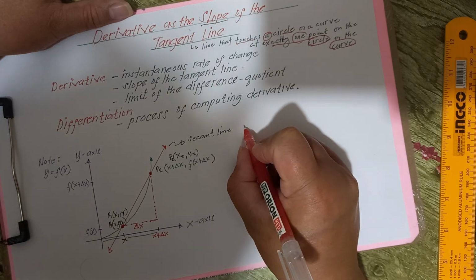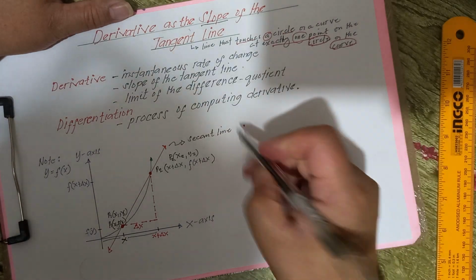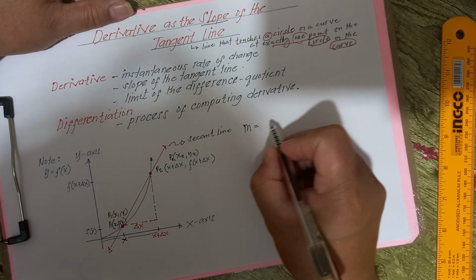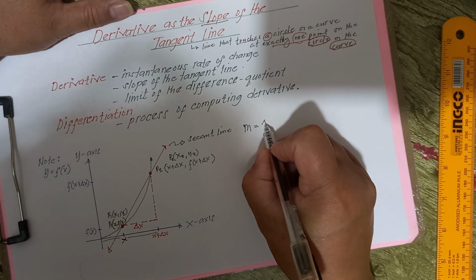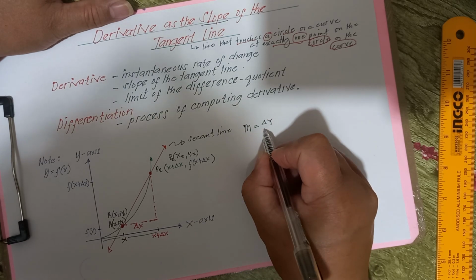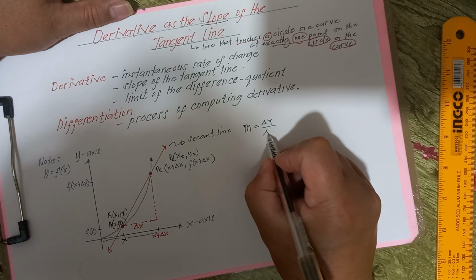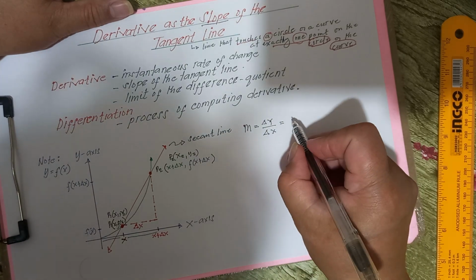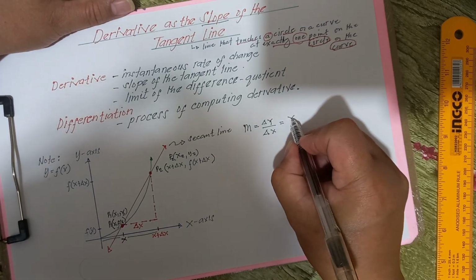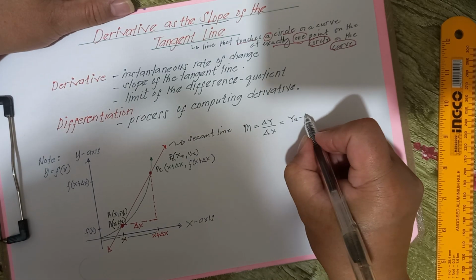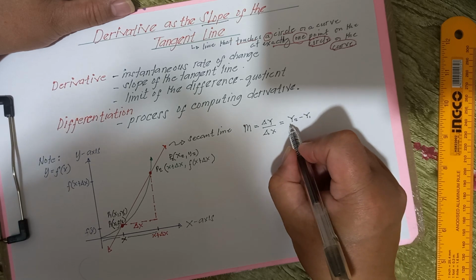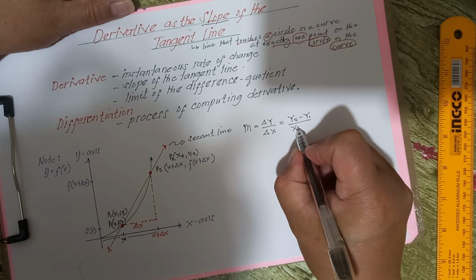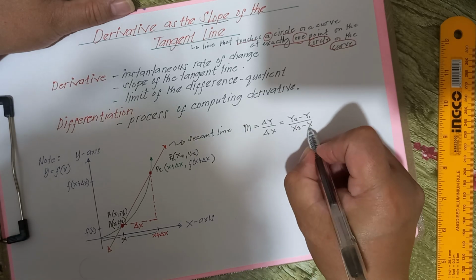When we say slope, our slope is defined to be the change of y over change of x, or that is the same as y sub 2 minus y sub 1 over x sub 2 minus x sub 1.